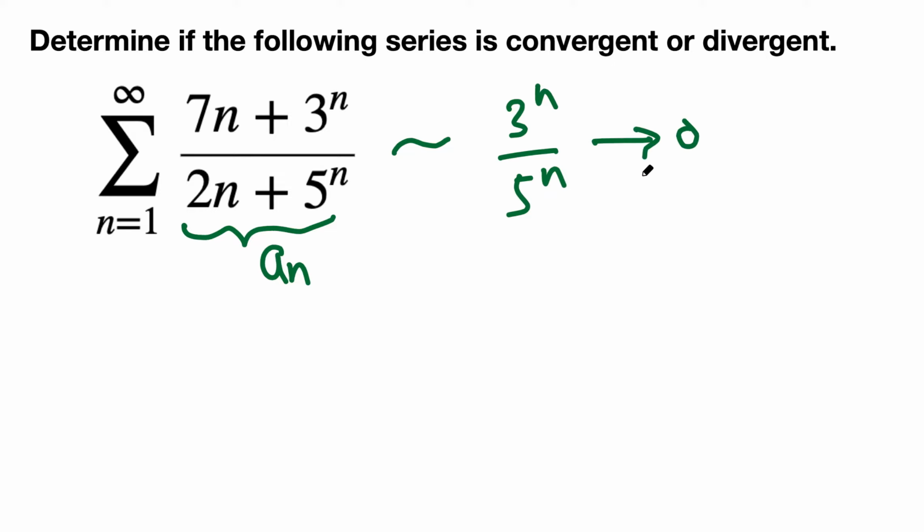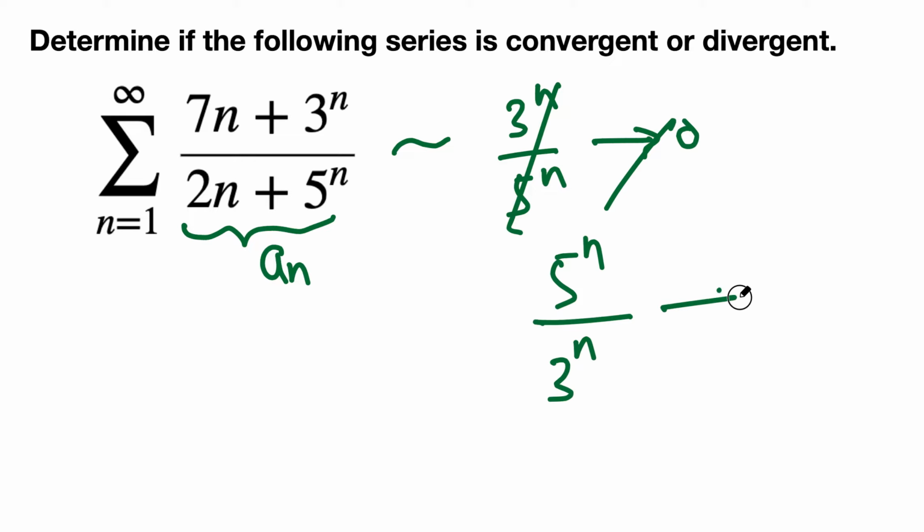Okay, but we cannot conclude anything. If we had something like 5^n on the top and 3^n on the bottom, then this is going to infinity, and we could say the series diverges by the test for divergence.